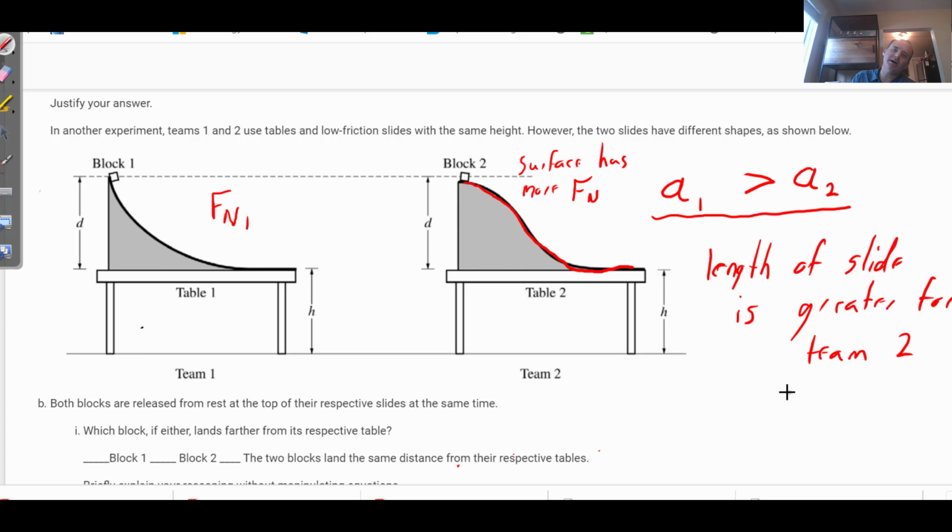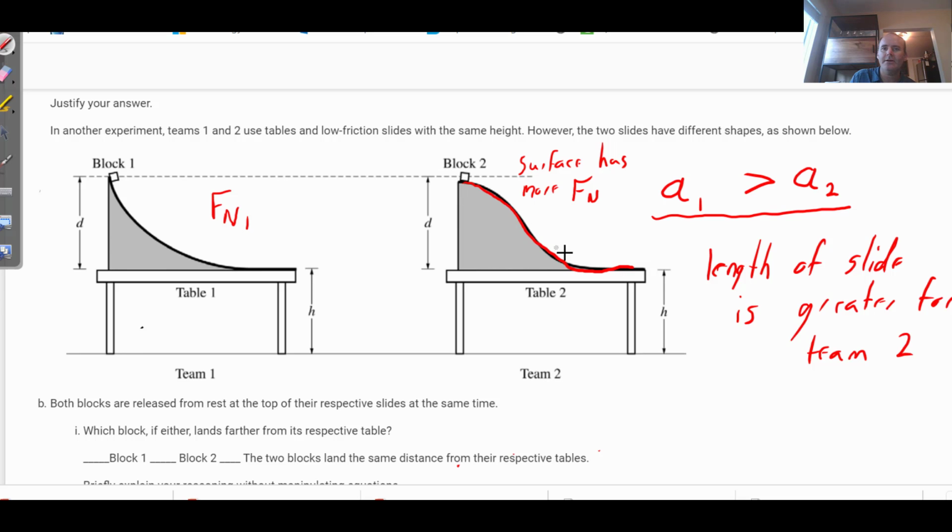And if it's a greater distance, then it's going to take a longer time for it to accelerate.